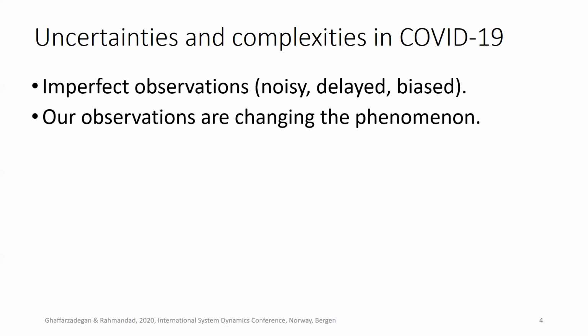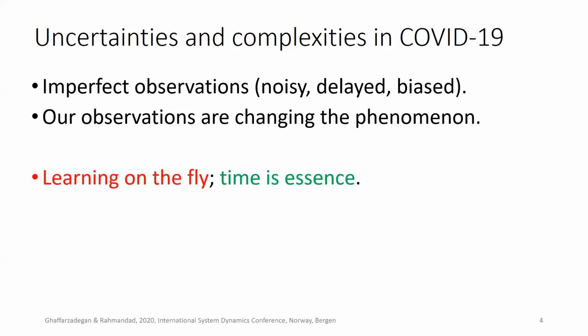we are dealing with a phenomenon where we have very imperfect observations. And as I said, these observations are changing the phenomenon. They are feeding back to people's behavior, and that's influencing how the disease is spreading. That's influencing how the government is making decisions, which is also feeding back to the speed at which the disease is spreading. So we are learning as things are happening, and it is a very timely issue.